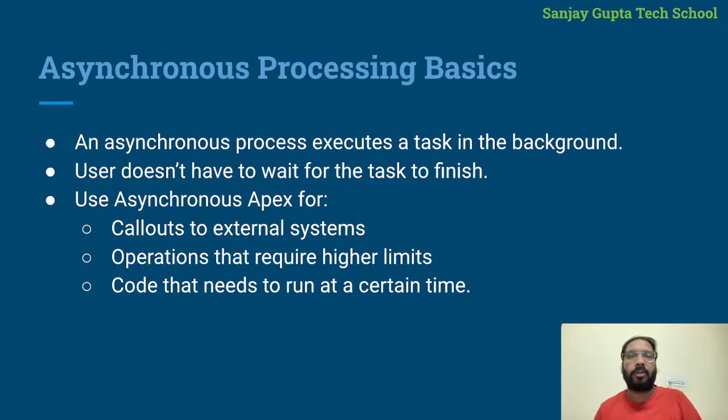For example, if you are integrating Salesforce with an external system and that external system is not available at that moment, instead of implementing a synchronous process, which would block all the following processes if it does not execute at that moment, you can use an asynchronous process.